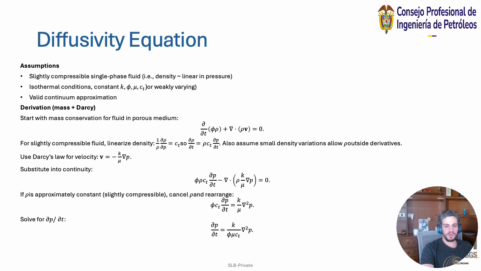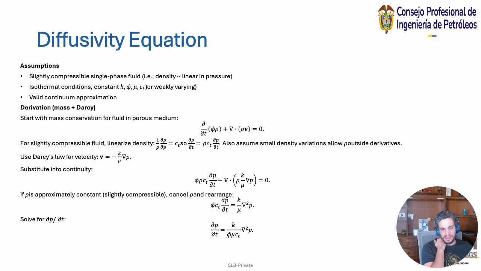And if you assume that these parameters are kind of constant, that they have a very small variation, we can remove that density because we can assume that it's a constant, and then we can finally solve for delta P with respect to T, or the pressure gradient with respect to time. And this diffusivity controls how fast pressure is propagating.